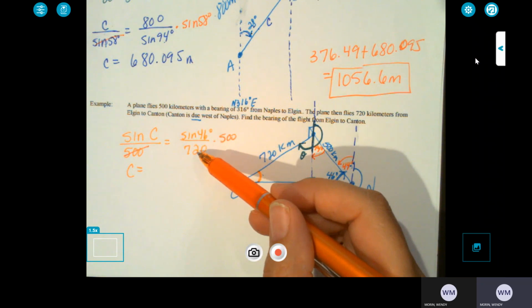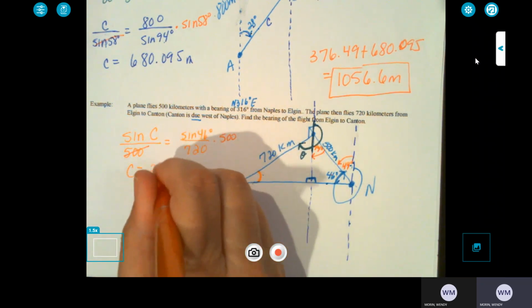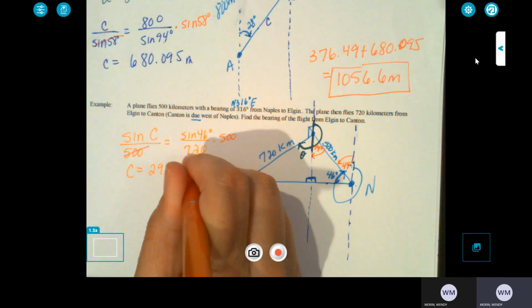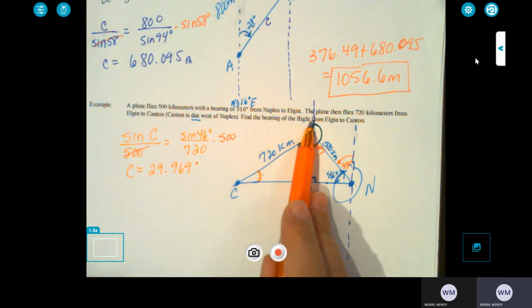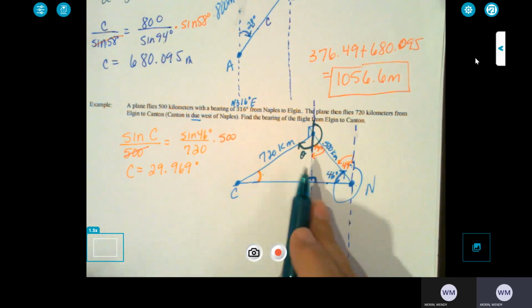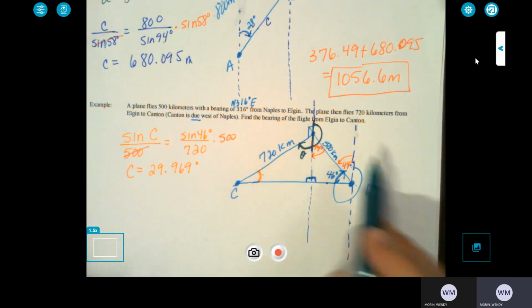Arc sine, angle C, you should get 29.969 degrees. That's angle C, but that's not the question. The question is find the bearing of the flight. So we're still trying to find this angle right here.